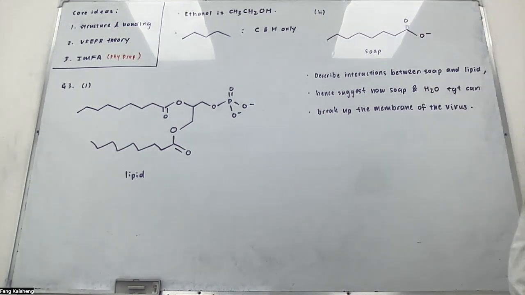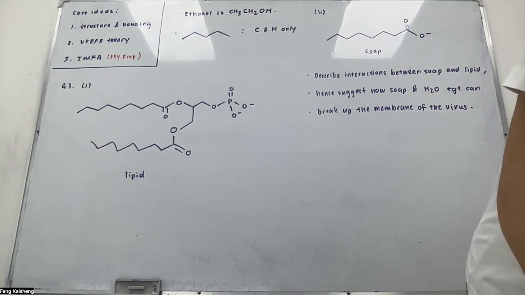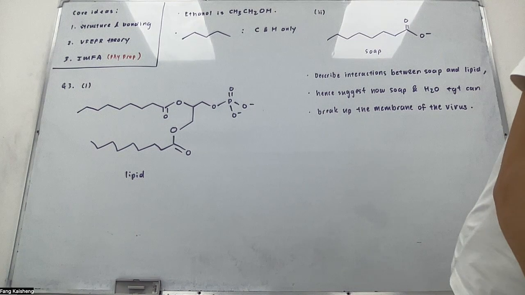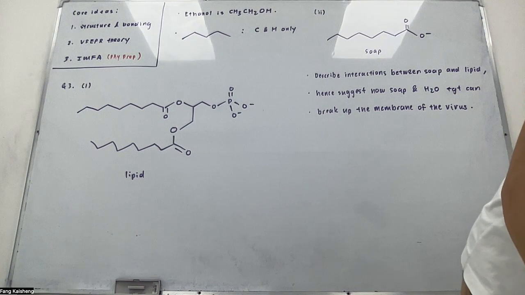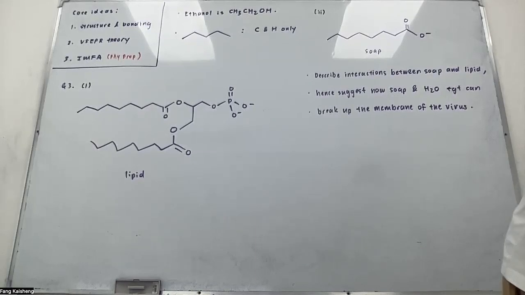Let me just take a look. So, okay, although the lone pair is drawn on the wrong side, it must be involved in the hydrogen bonding interaction.